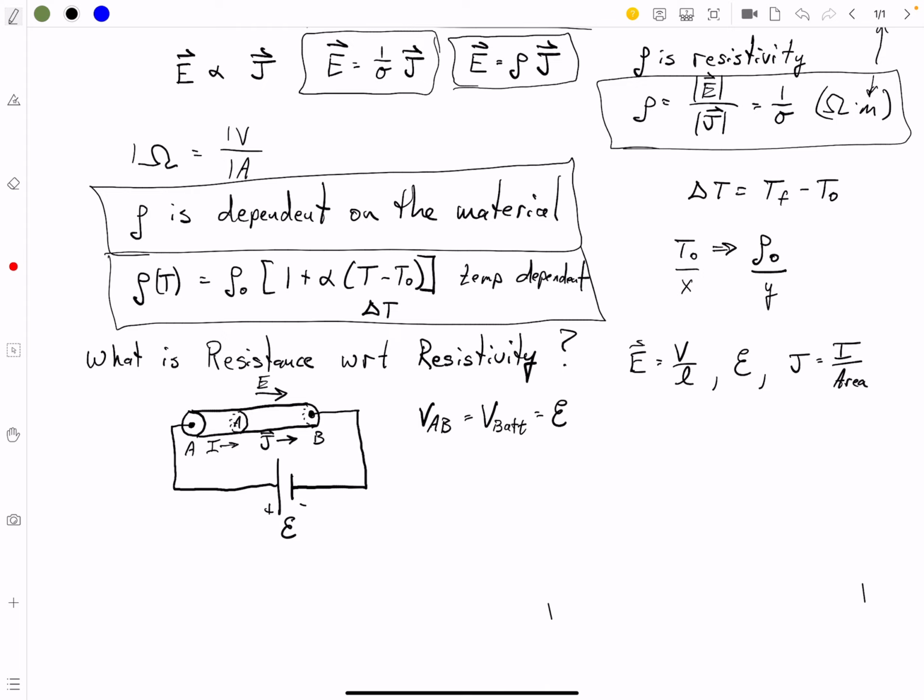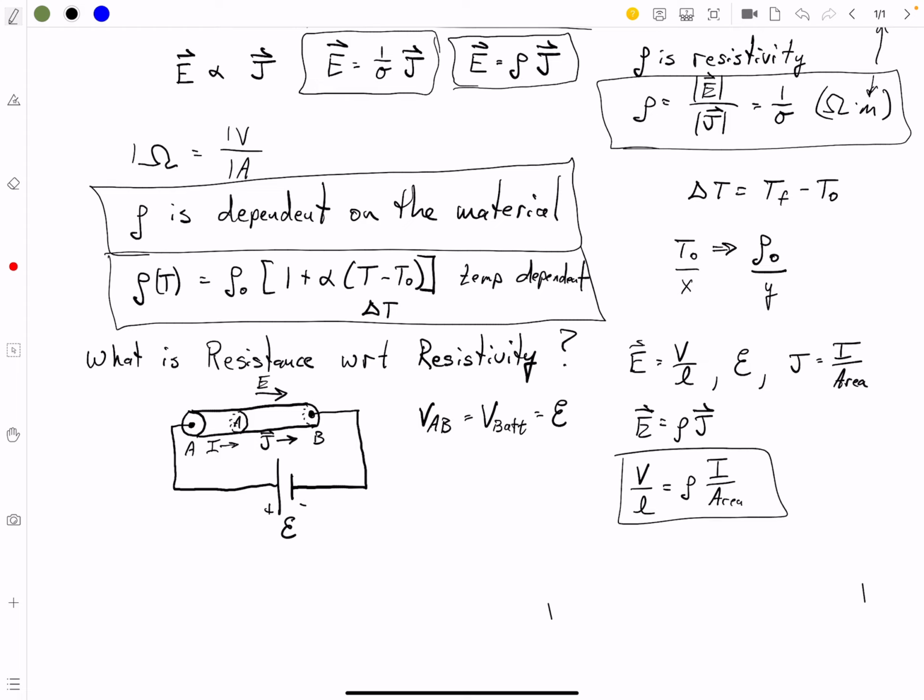And what else? We can write down E equals rho J. I'm taking that from right up here at the top of the page. And we can put all of those things together and say that V over L is equal to rho times I over the area.